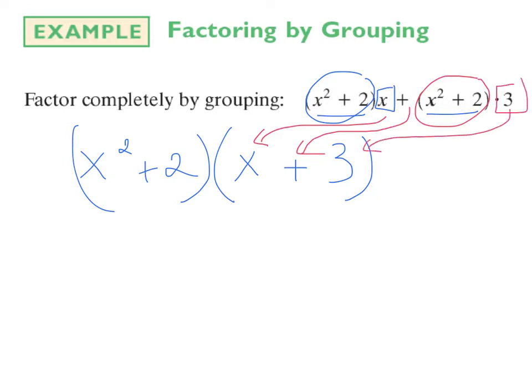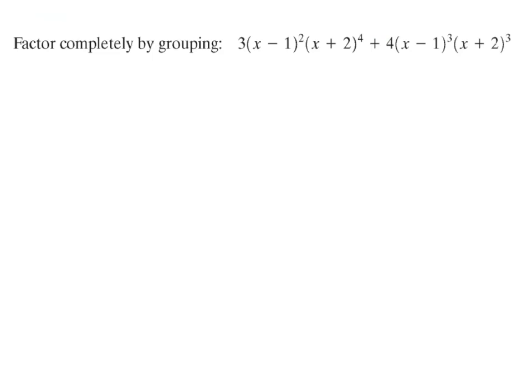Let's take another example. Here we have another example. As we see here, what's common is x minus 1 squared as a common factor. We can get it here, and we can also get it here. And also x plus 2 cubed as a common factor, because we can get it also from here.